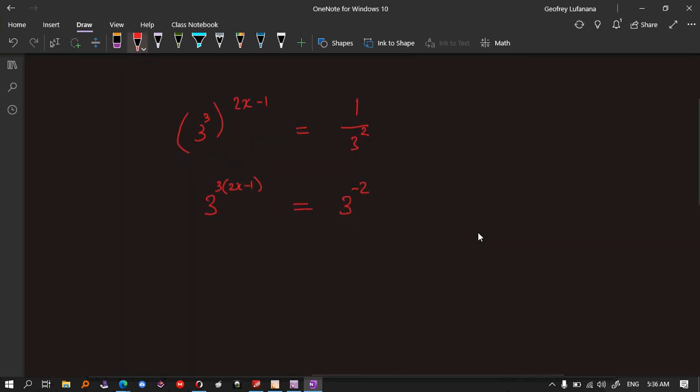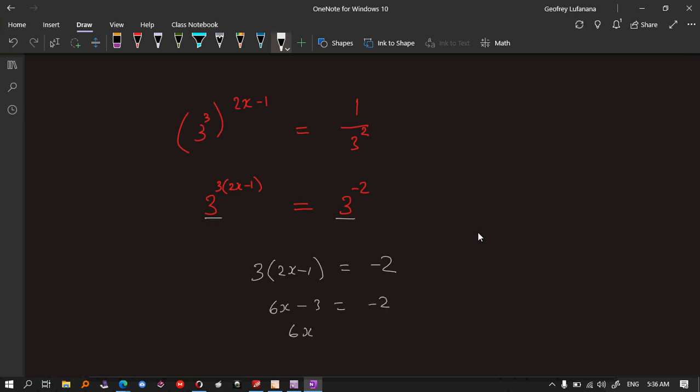Because the bases are the same, I can equate the powers, or equate the indices. So this would be 3 into 2x minus 1 equals negative 2. Expand out the brackets. So this is 6x minus 3 equals negative 2.